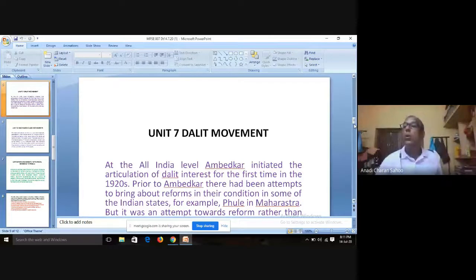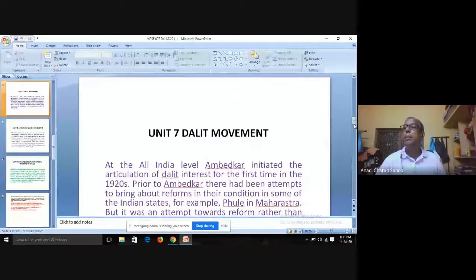You know, in India, there was a section of people who are termed as Dalits. The term Dalit is a Marathi word. Literally it means ground or broken into pieces.